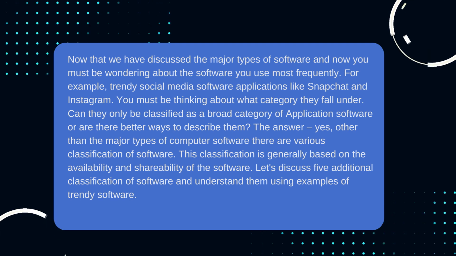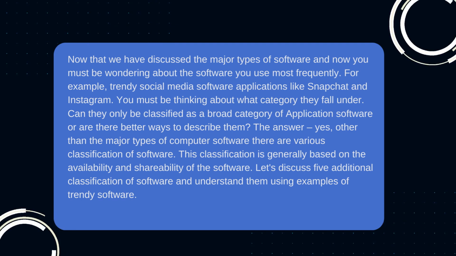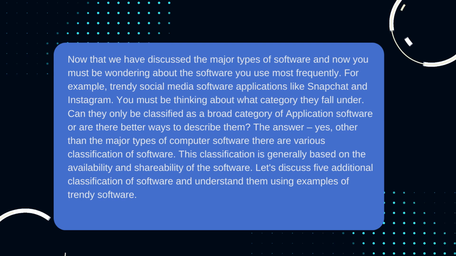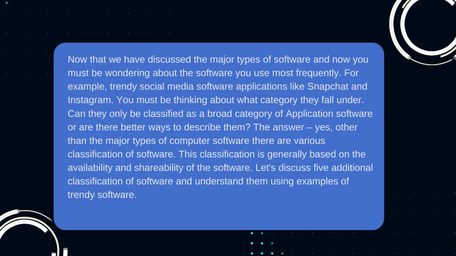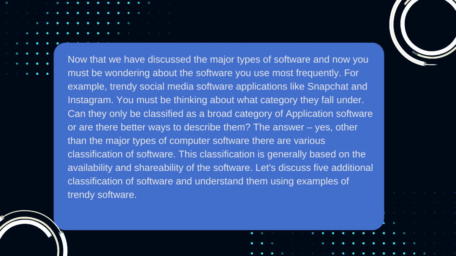The answer is yes. Other than the major types of computer software, there are various classifications of software. This classification is generally based on the availability and shareability of the software. Let's discuss 5 additional classifications of software and understand them using examples of trendy software.